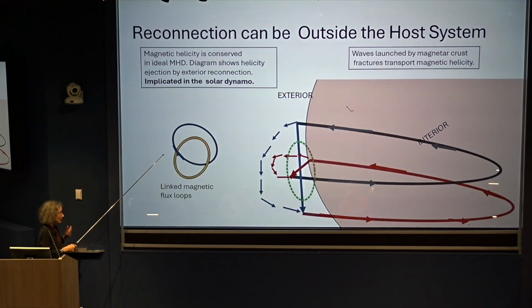The ejection of magnetic helicity is actually implicated in some models of the solar dynamo, and maybe it plays some role in feeding back magnetospheric activity onto the structure of magnetic fields in crusts. It is, at this point, just a thought.